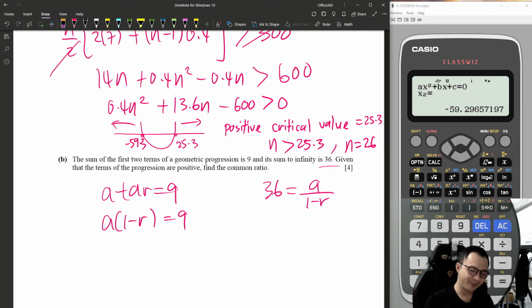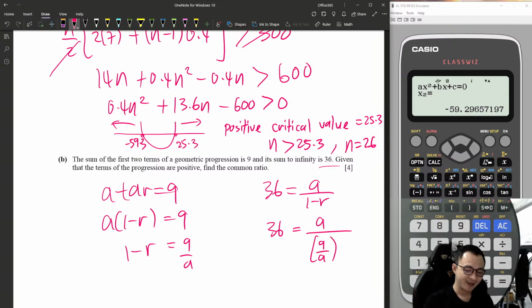Now, what am I doing? If I do it like this, I will just compensate. 1 minus r is 9 over a. So 36 is equal to a times 1 minus r, which is 9 over a.